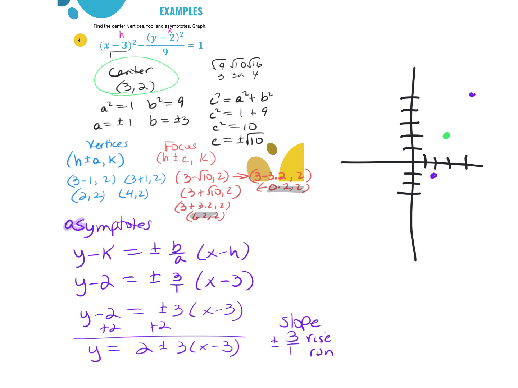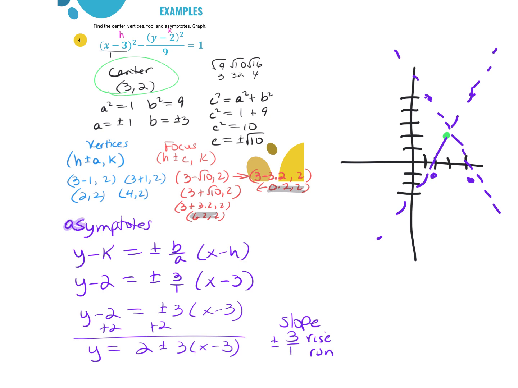I can also go up and left. Then my asymptotes, and then go down. And again, it's like a box that's forming. But again, connect these. These are your asymptotes. Graph the vertices.